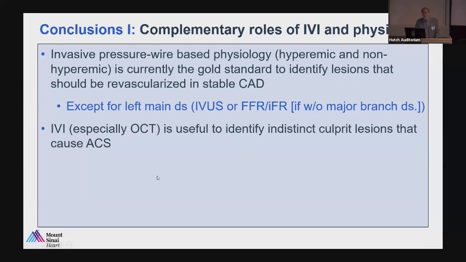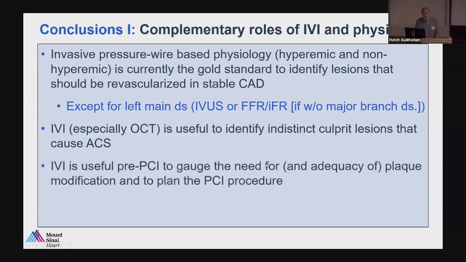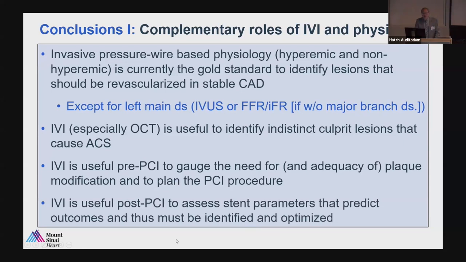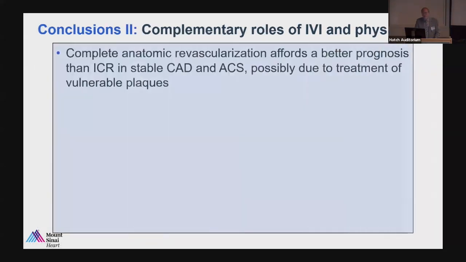Intravascular imaging, especially OCT, is useful to identify indistinct culprit lesions that cause ACS. Intravascular imaging is useful before PCI to gauge the need for and the adequacy of plaque modification and to plan the PCI procedure, and is useful post-PCI to assess the stent parameters that predict outcomes and thus must be identified and optimized.